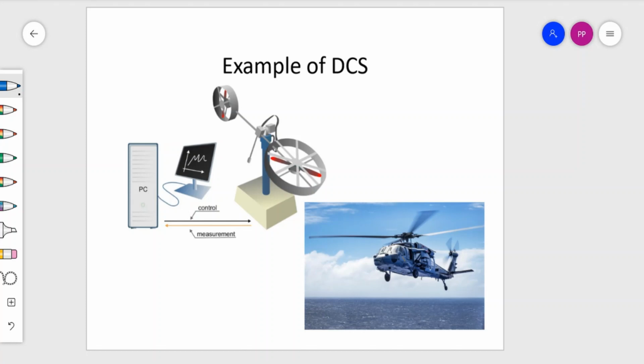After digital processing, an analog signal is produced back by the computer at its output through a digital to analog converter, and that signal goes to the plant for maneuvering. The same thing is practiced in the actual helicopter also in different phases of its control.